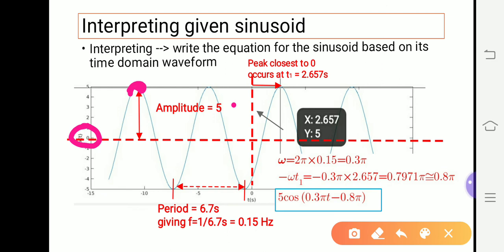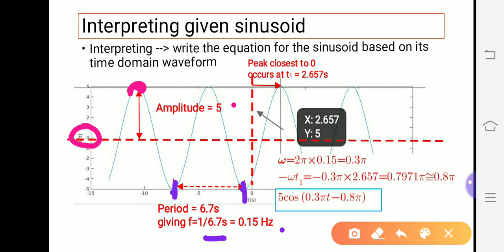The next thing is the period. Here I choose from one peak to another, and I calculate this time. The time is 6.7 seconds. So I substitute f equals 1 over capital T, and this is roughly 0.15 hertz, or maybe 0.16 hertz.